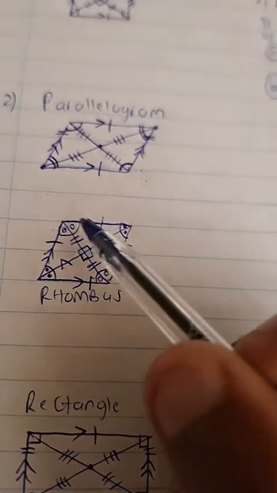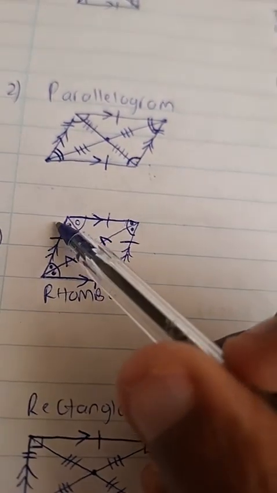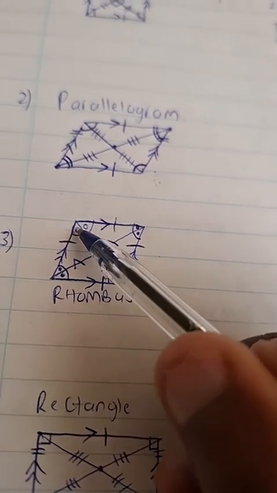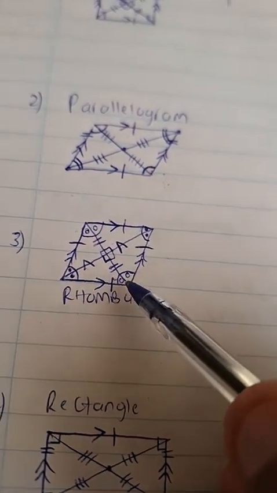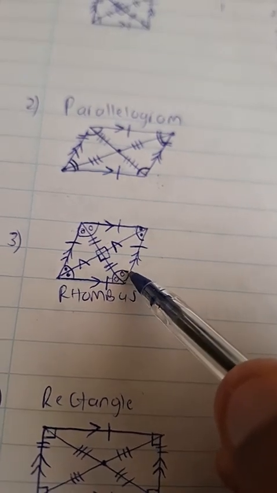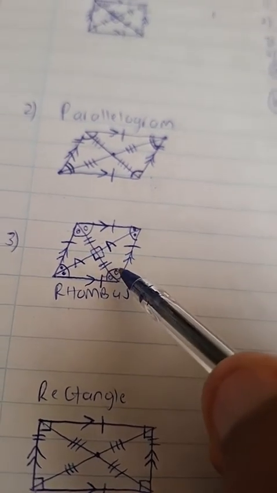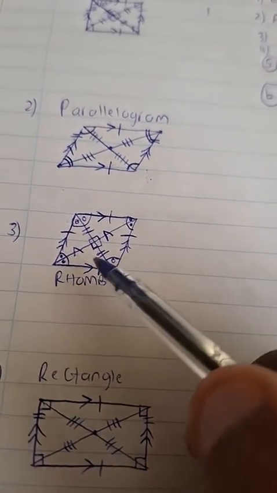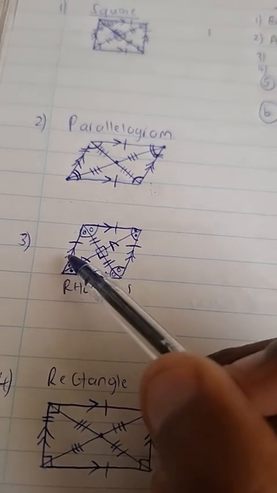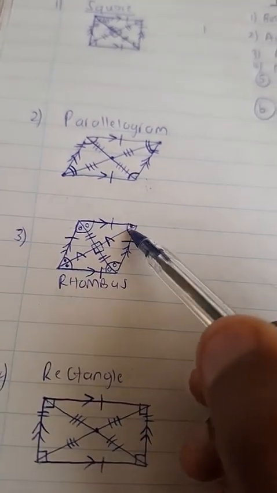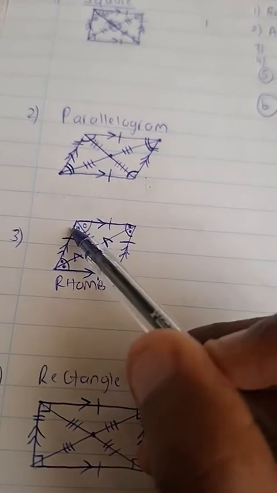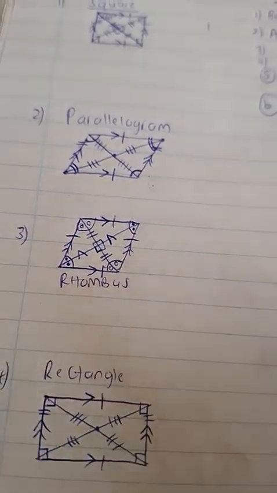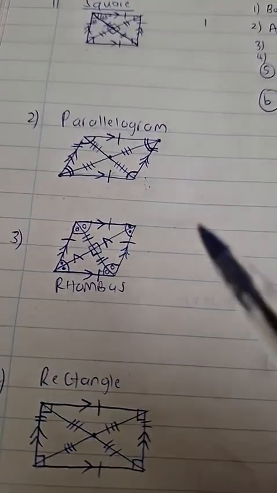This diagonal will also cut this corner angle, so that this angle is equal to this one. This angle is equal to that one. But please understand that the way these two are equal and these two are equal is the same, but it is different from the way that these other two are equal. All right, so that's very important as well.